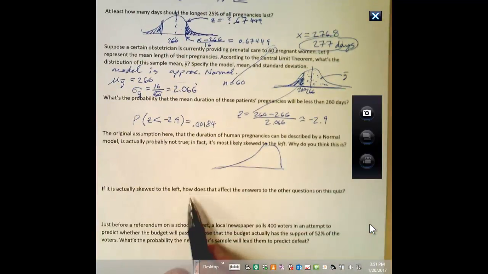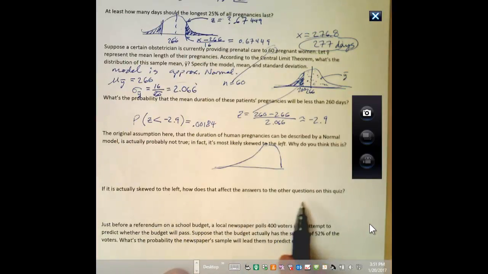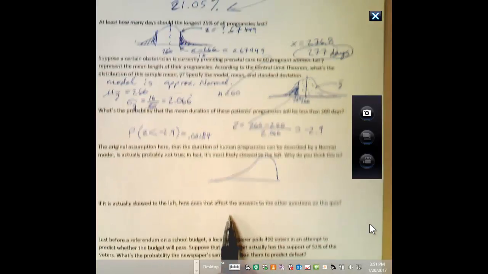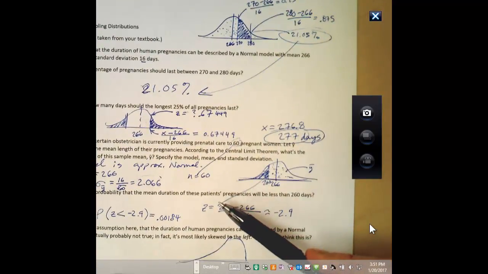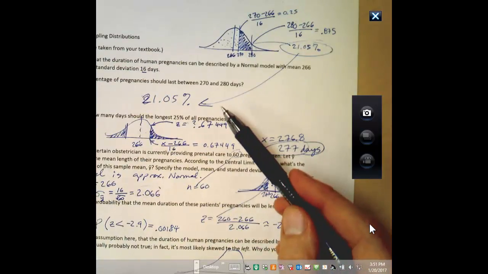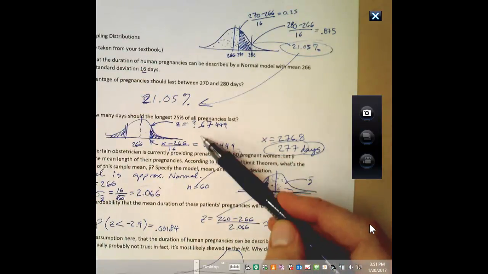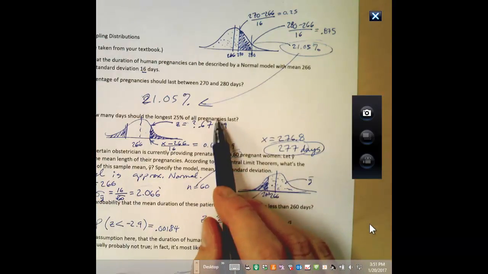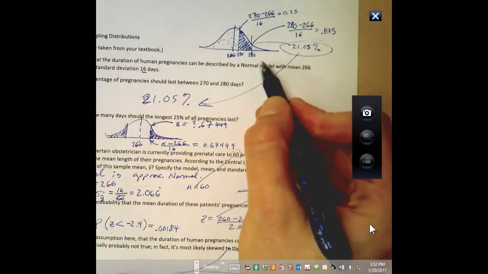Now, if it is actually skewed to the left, how does that affect the answers to the other questions on the quiz? So nobody really got my drift on this question. What I'm saying is, would we go back and change anything out of these answers with this knowledge? Now your answer should have been this. Well, we would probably need to change these answers because here we were assuming that we had a normal model.